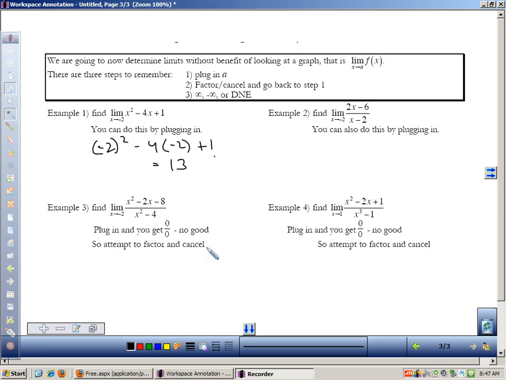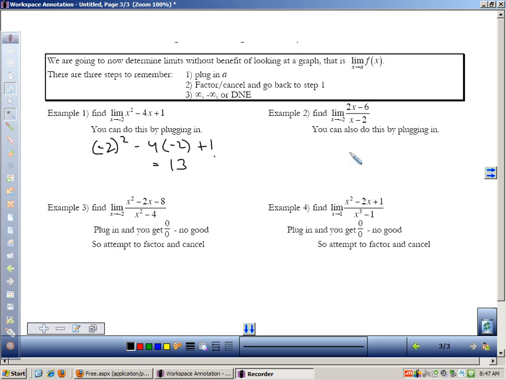When you can find your limit by plugging in, you have a nice function, and it makes your work a lot easier. So for the second example, we want the limit as x approaches -2 for this function, 2x minus 6 over x minus 2. When we plug in -2, it doesn't give us a problem. -2 minus 2 in the denominator is -4, so we're not dividing by 0.